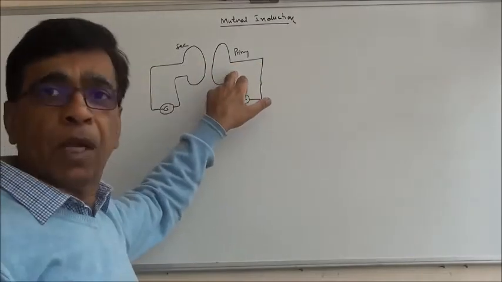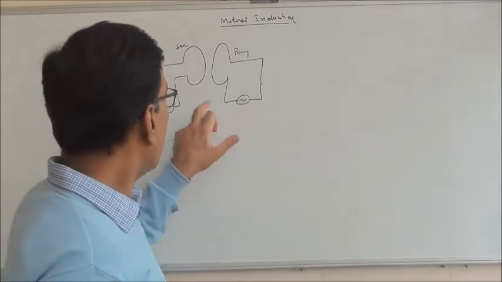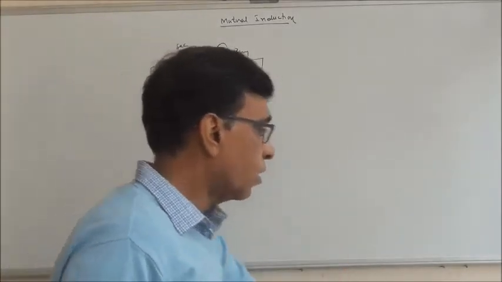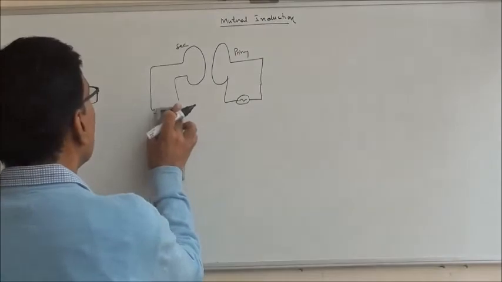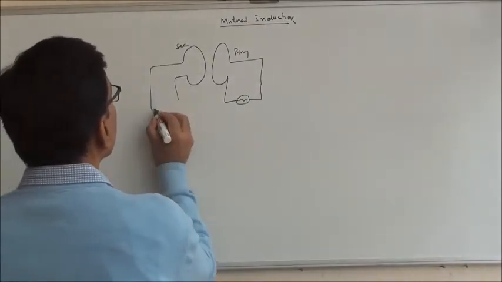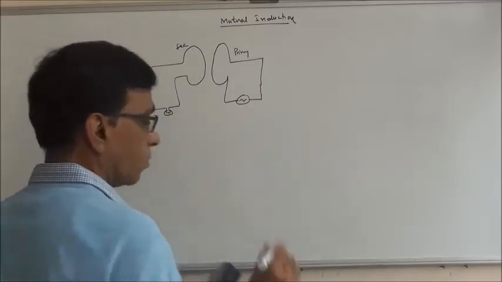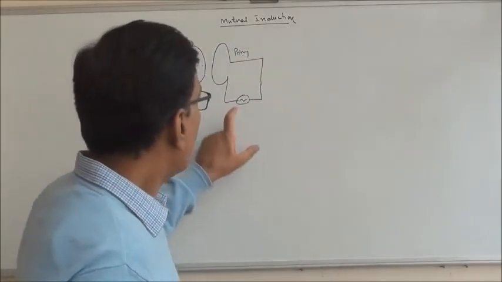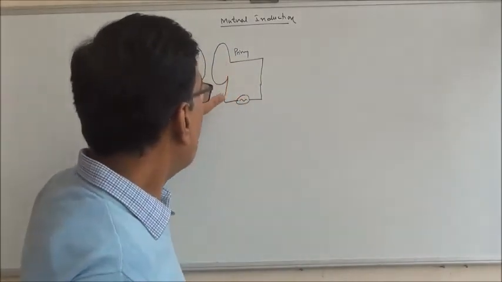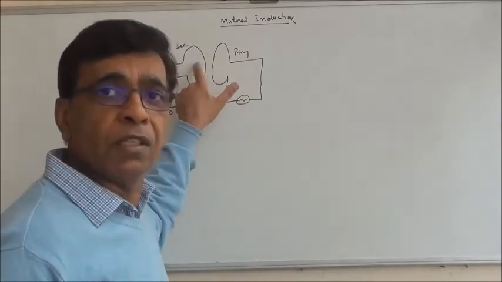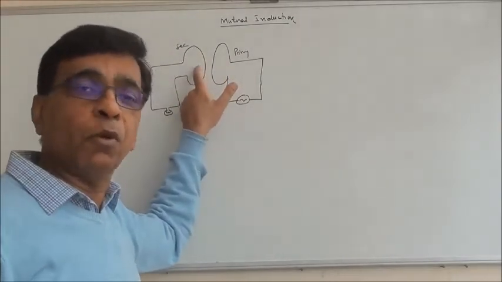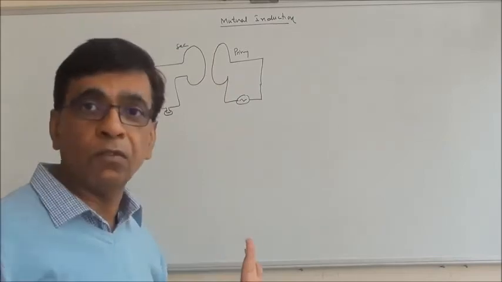This coil, let me call it primary, is connected to the source, and here it is connected to a bulb. So when the current is flowing through it, the flux associated with it is also changing, induced EMF is produced, and this is closed, so current starts flowing.